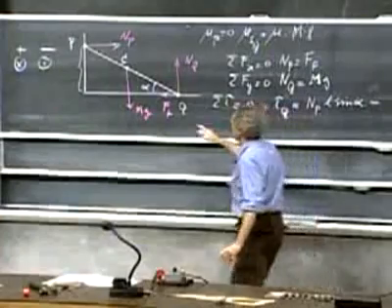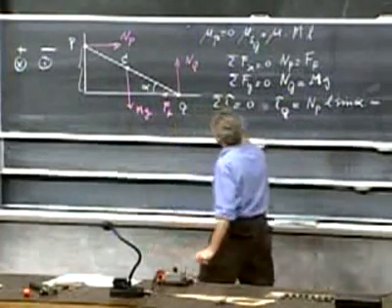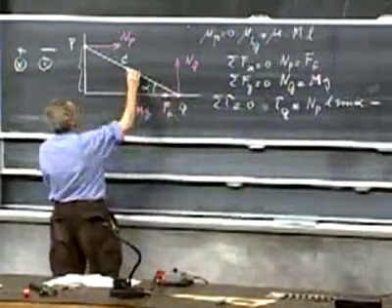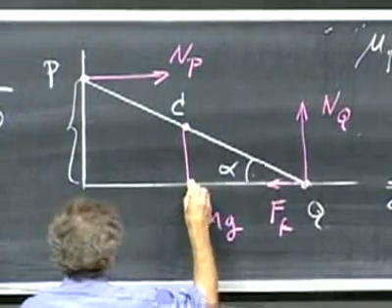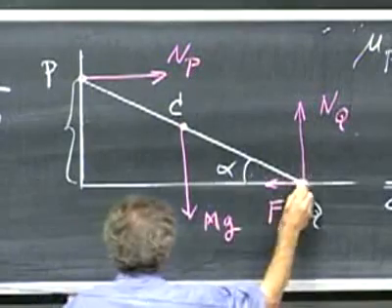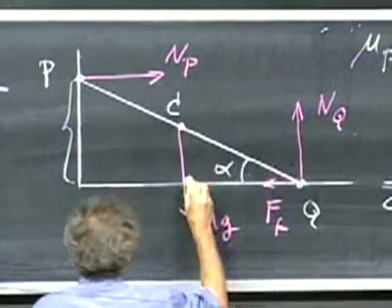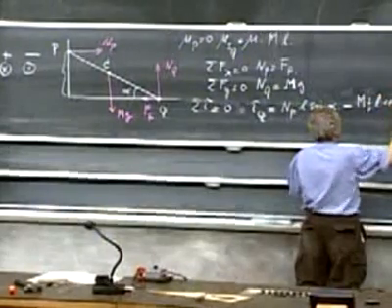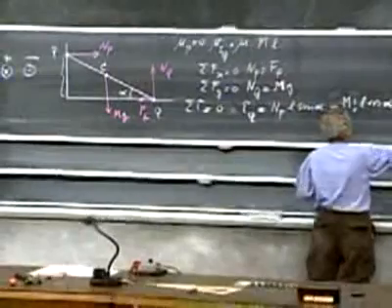The next one, mg, is going to be a negative torque. And so now I need the cross product between the position vector and mg. That is the length here, which is 1/2 L cosine alpha times mg. So mg times 1/2 L cosine alpha, and that now must be 0.